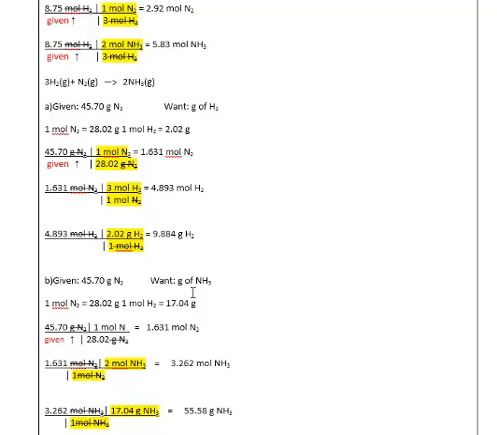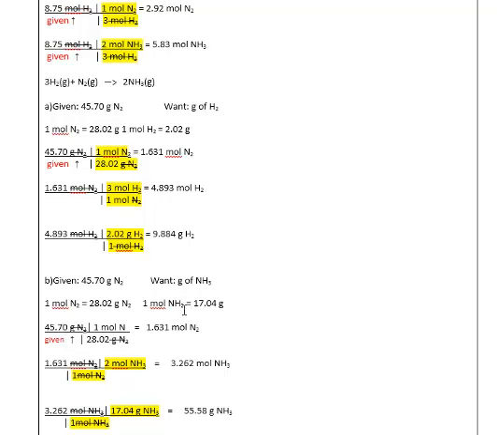Given 45.70 grams of nitrogen, 1 gram of ammonia. 1 mole of nitrogen is equal to 28.02 grams of nitrogen. Okay, that should probably be included there for clarity. And 1 mole of hydrogen is equal to, oh, this isn't right, 1 mole of ammonia.